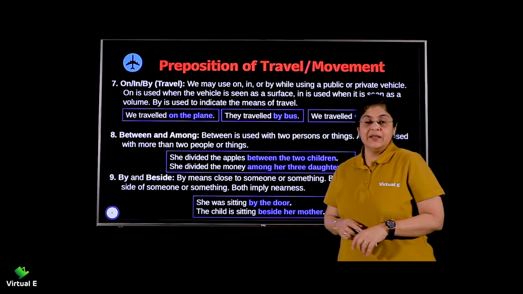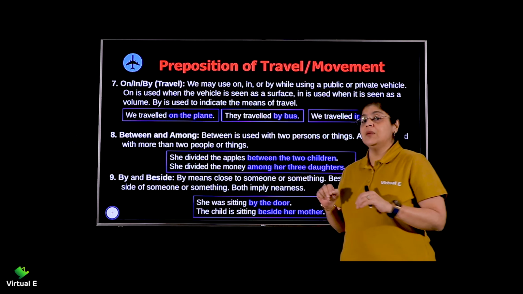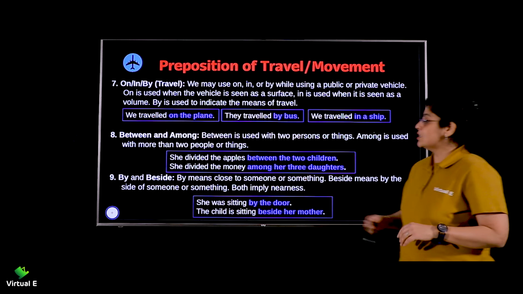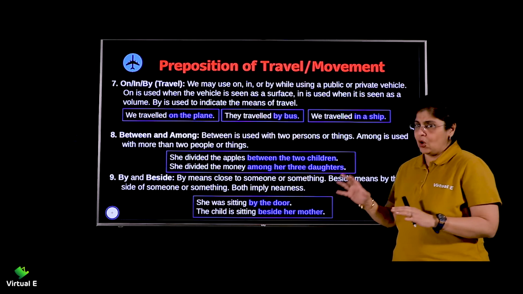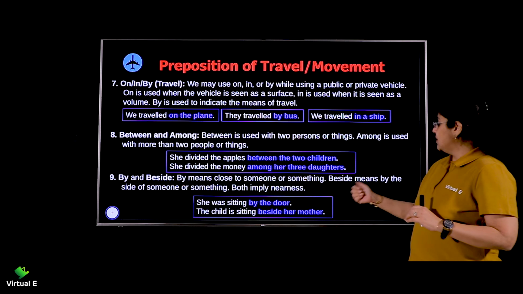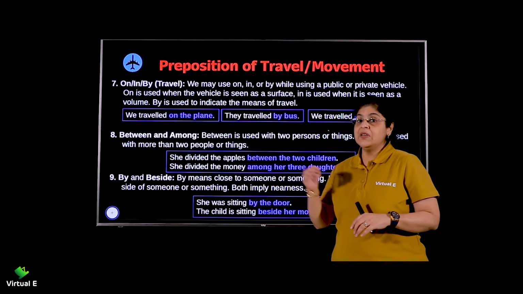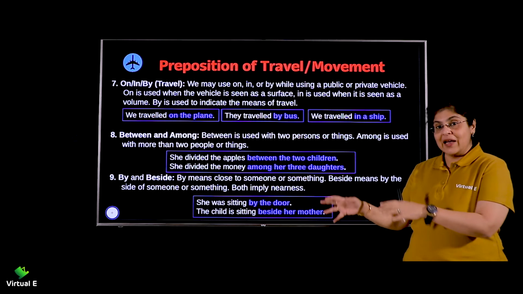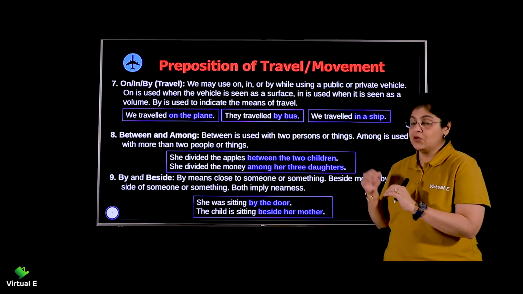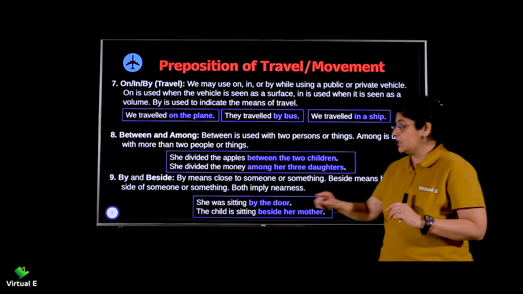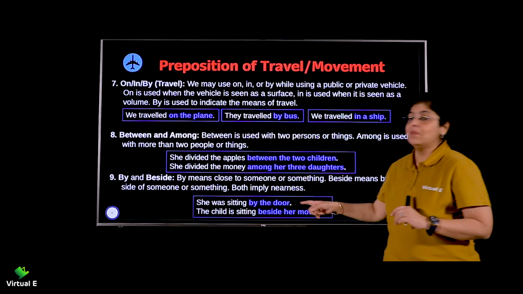By and beside. Now, another two set of prepositions which actually cause a lot of confusion. By means close to someone or something. It's close, nearby. Beside means by the side of someone or something. Now, beside is by the side of, next to. You can also call it next to. Whereas by, it just means close. Now, see the difference. She was sitting by the door.